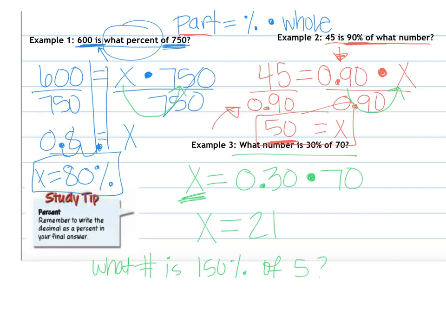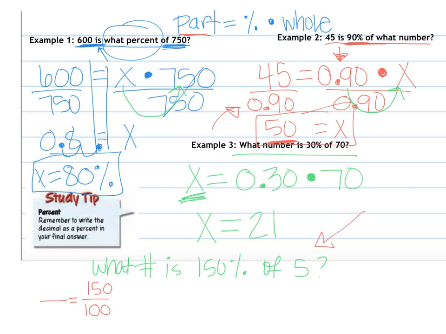The way that I would set it up for my proportion, remember if we think back, we have the percent over 100. Even though it's greater than 100, it's still going to be over 100.